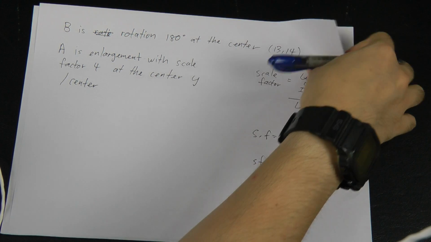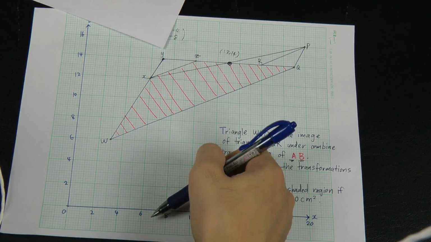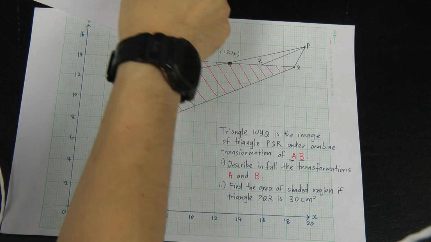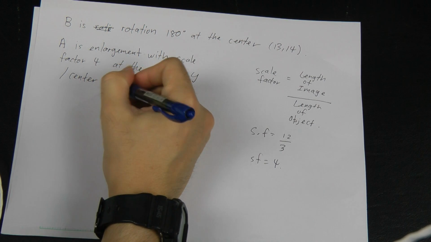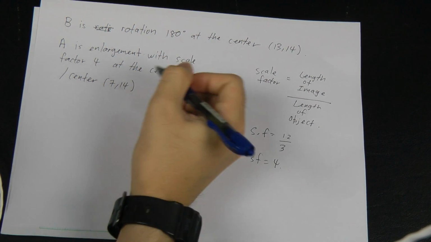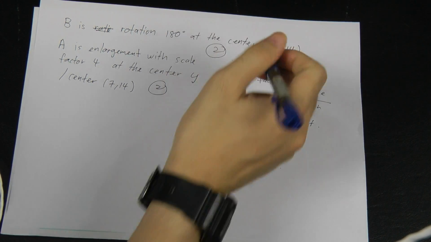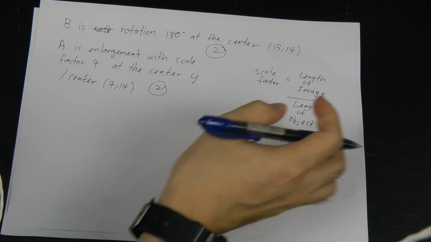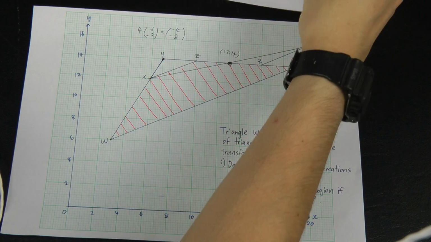Yeah, you just mention the coordinate of Y, which will be 7, 14. So you can say at the center 7, 14. Then you will get, I think, 2 marks for each in the real SPM exam. Alright, so this is how we understand the combined transformation.